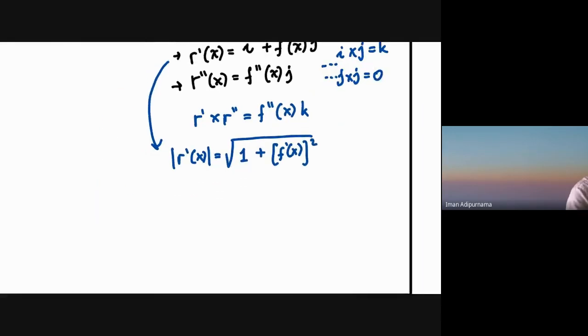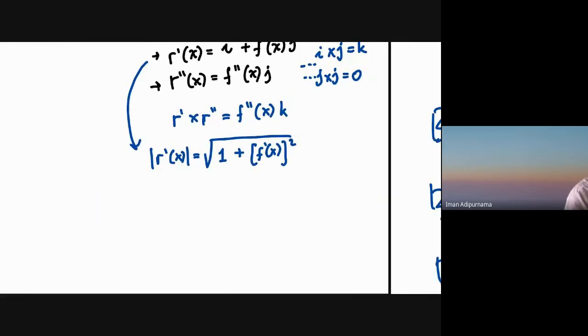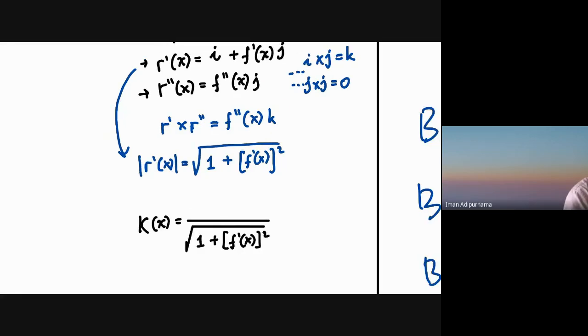Now we can write down the new formula for the curvature in terms of x for the plane curve y equal f of x. The top one here is f double prime of x.